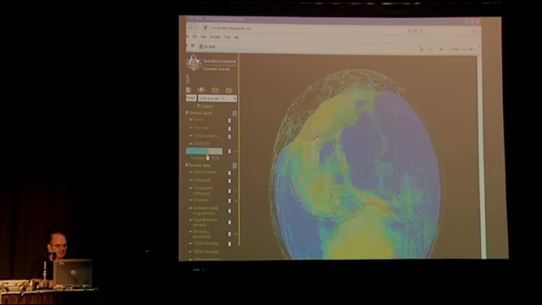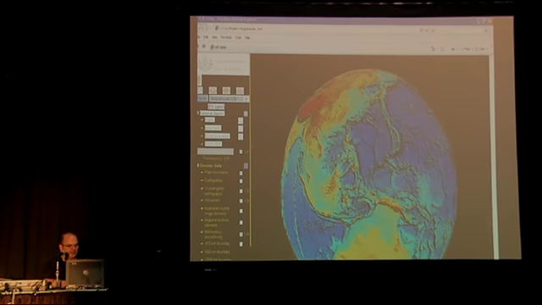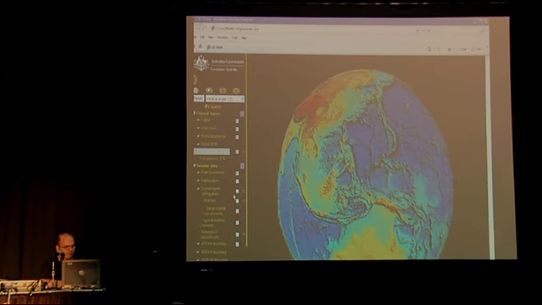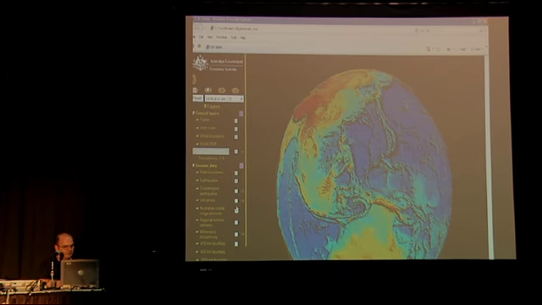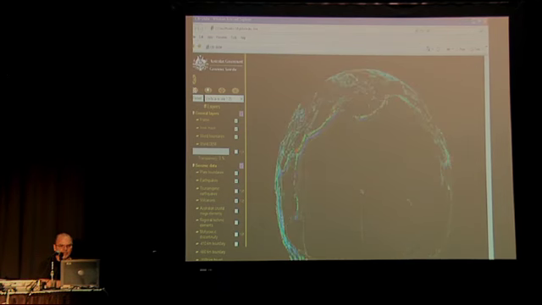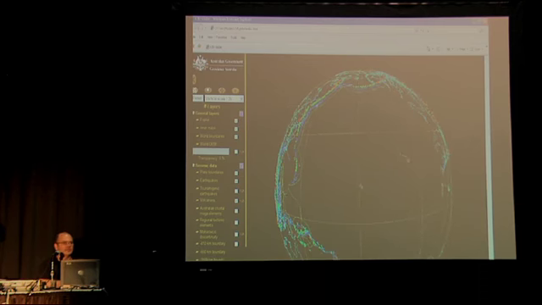Just looking at some other layers here, I'll turn that back up. What I've got here is an extended model of the earthquakes and the tectonic plates of the Earth.